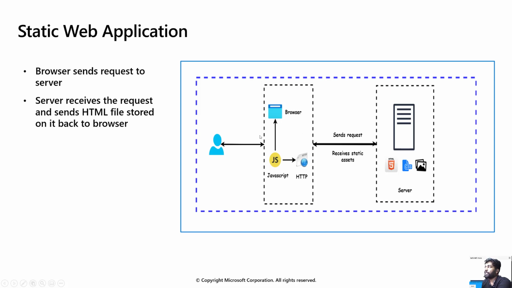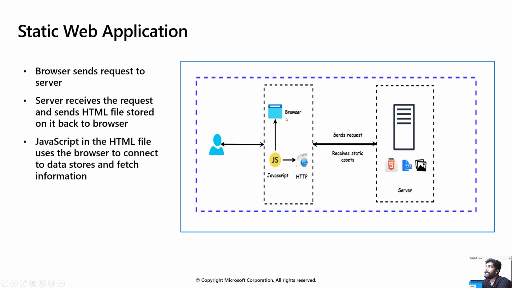And in the browser, if you want any dynamic contents to be published, you have a JavaScript plugin with the browser, and you are going to make REST API calls with which you can show the dynamic contents in your page. So now you can see in the case of a static web application, the request is going to be served faster than in the traditional web application.